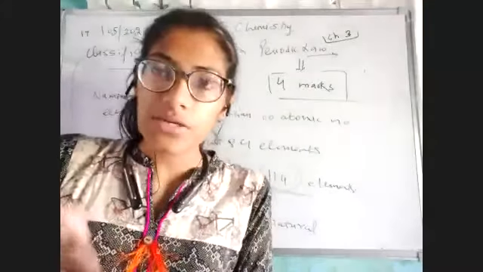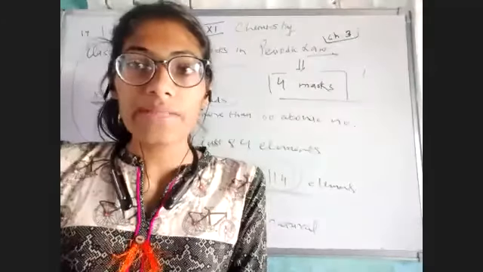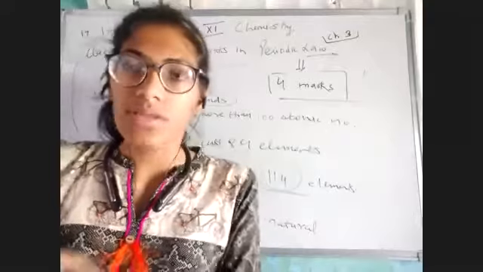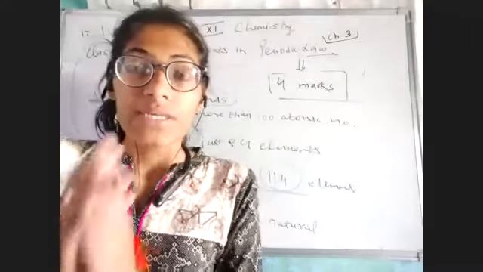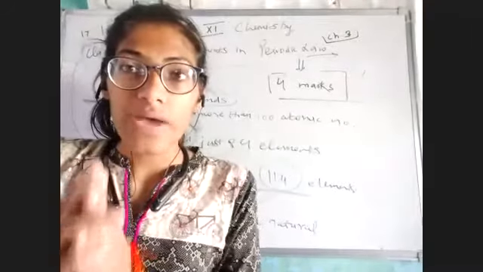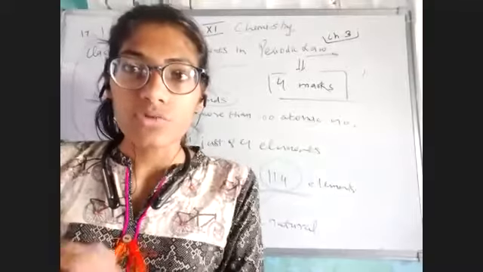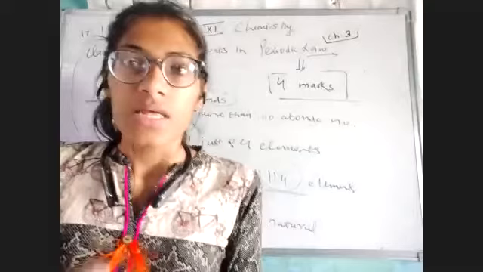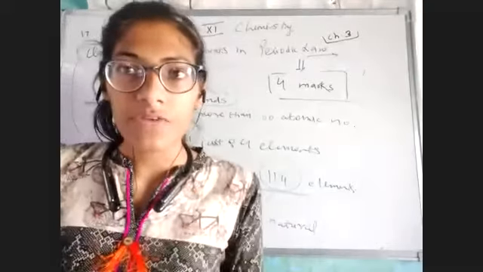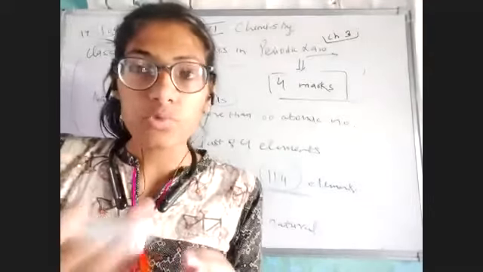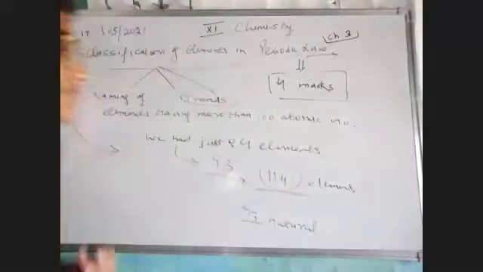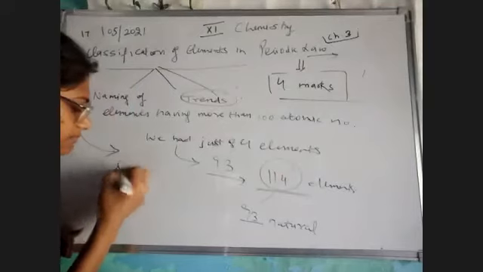Then it was rejected and we moved to Bohr's atomic model or the quantum mechanical model, and so many more. In the same way, many scientists tried to give their best to arrange the elements in a periodic table, but we didn't get the maximum benefit and they were rejected and further modified. So the first scientist who tried was Dobereiner.